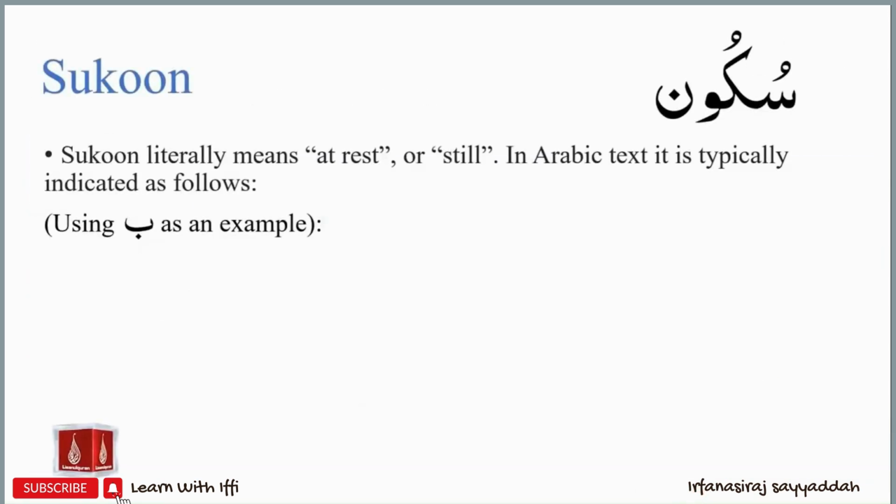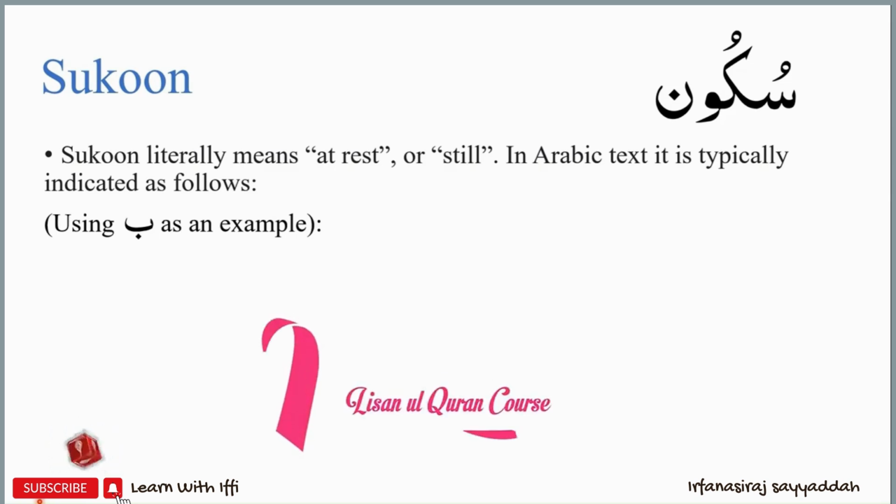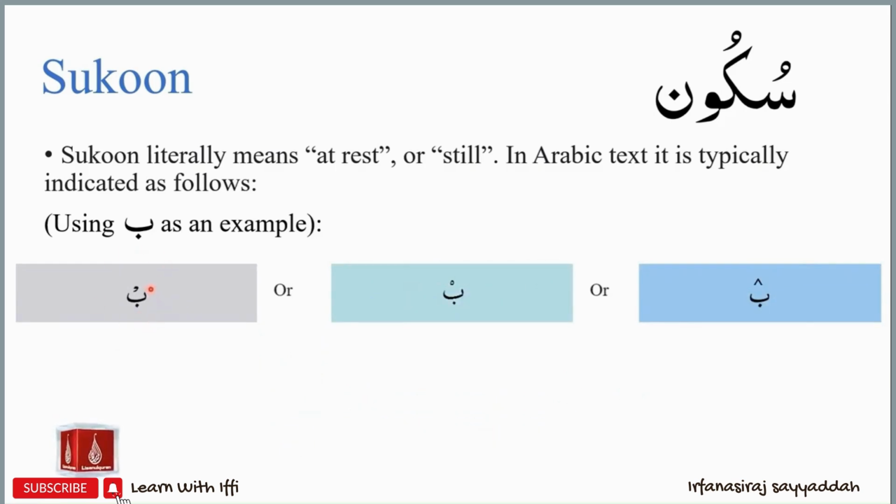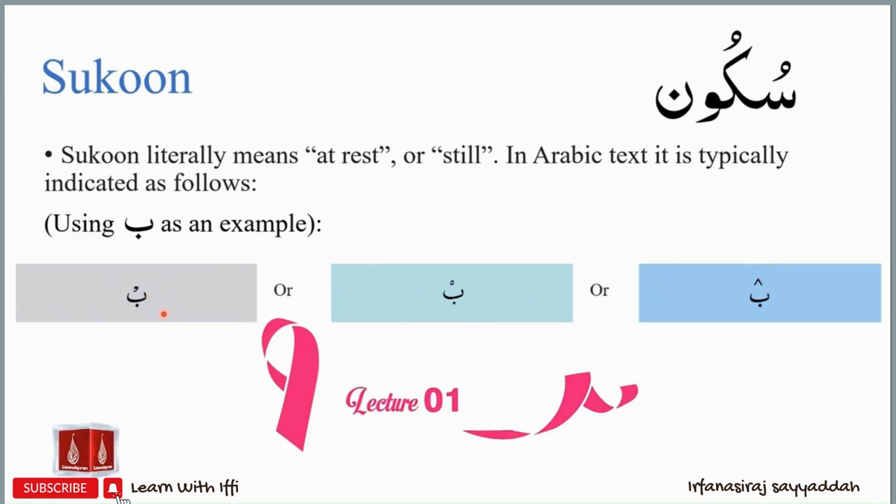Sukoon is another important concept. Sukoon literally means at rest or still. In the Arabic text, it is typically indicated as follows. And we'll again use the alphabet ba as an example. Sukoon will either appear like this, where it looks like a comma sign on top of the alphabet.